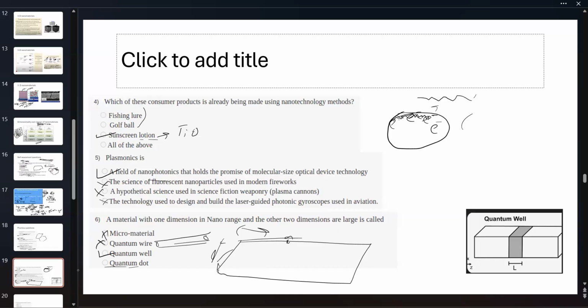A quantum dot has all three in nanoscale. You want a sheet. A quantum well is just two materials bonded with a very thin layer of different material. This thickness is in nanometer scale, but the other two dimensions are again much greater than nanometer. Quantum well.